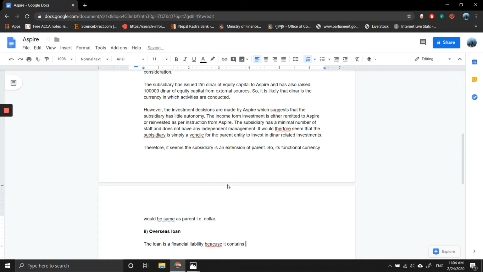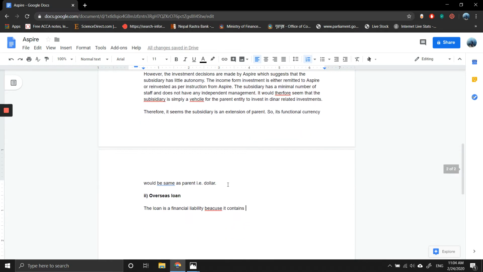It is a financial liability because it contains an obligation to transfer cash.